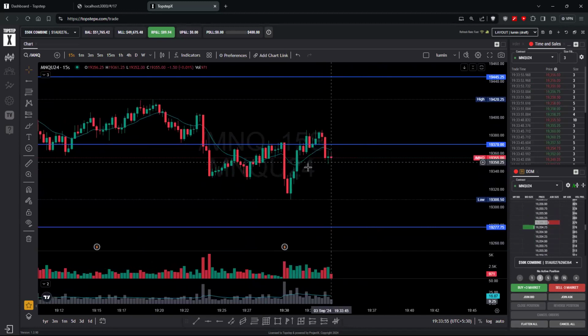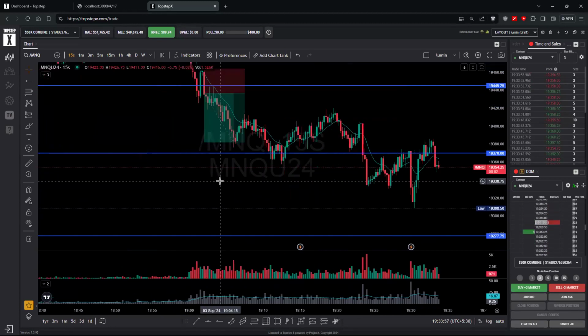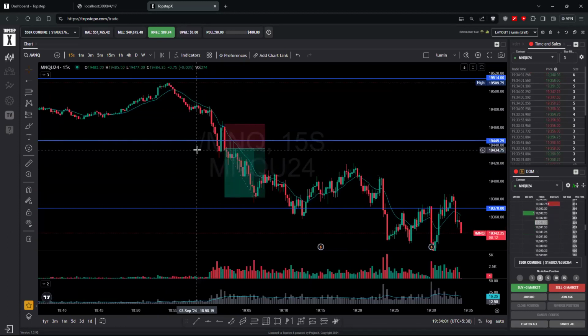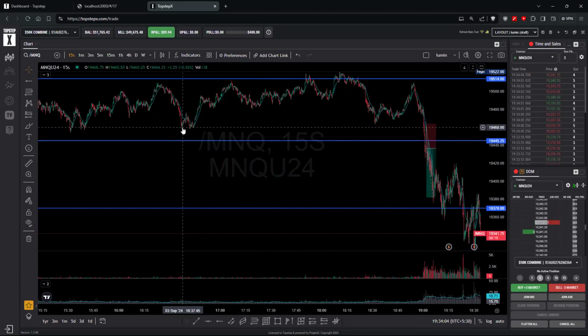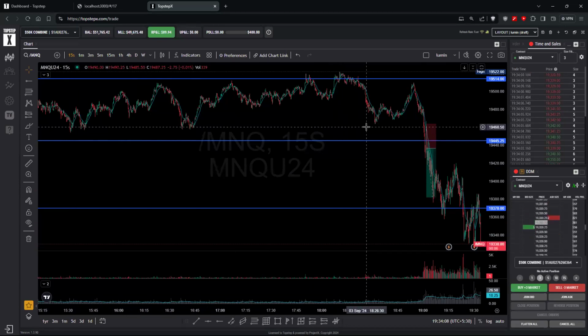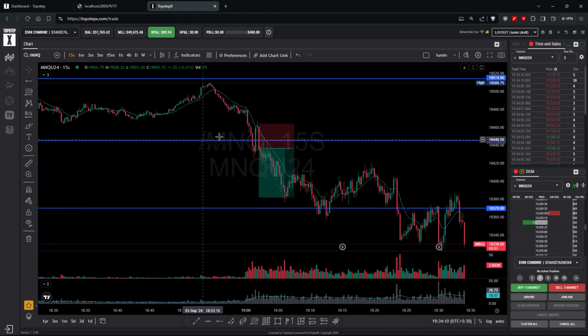So let's wait and see. I explained this trade, why I entered it. This is a resistance level. This was my hourly level.